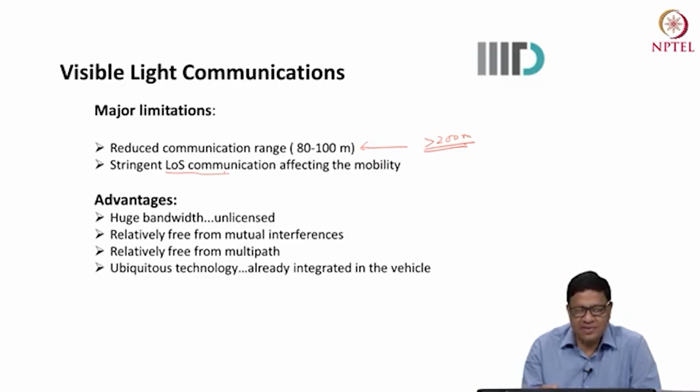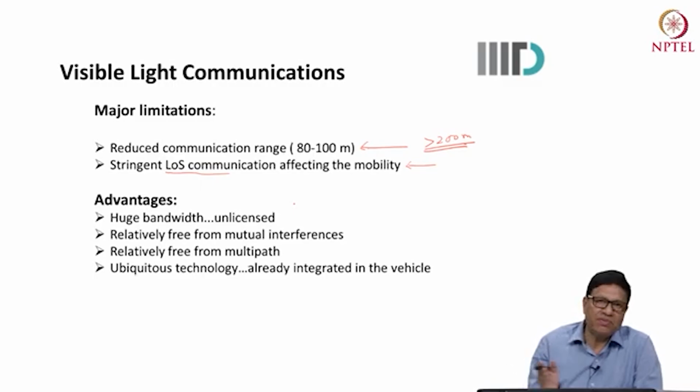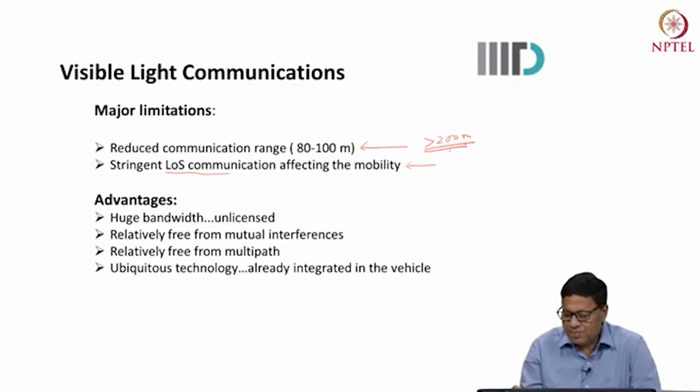But the researchers have given solutions where some sort of mobility can be met. Suppose this is a vehicle here, another vehicle here. Normally you require a LOS, but using some techniques, if the vehicle moves here or here, even then the communication can take place. But the communication range and the stringent LOS requirement, affecting the mobility, are still limitations.